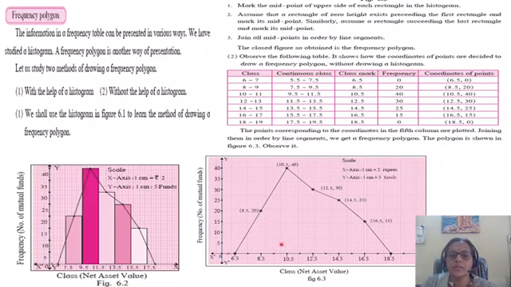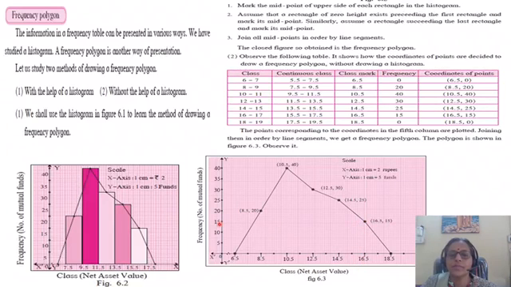12.5, 30. 12.5, and this is 30. Then 14.5, 25. Then the next is 16.5, 15.